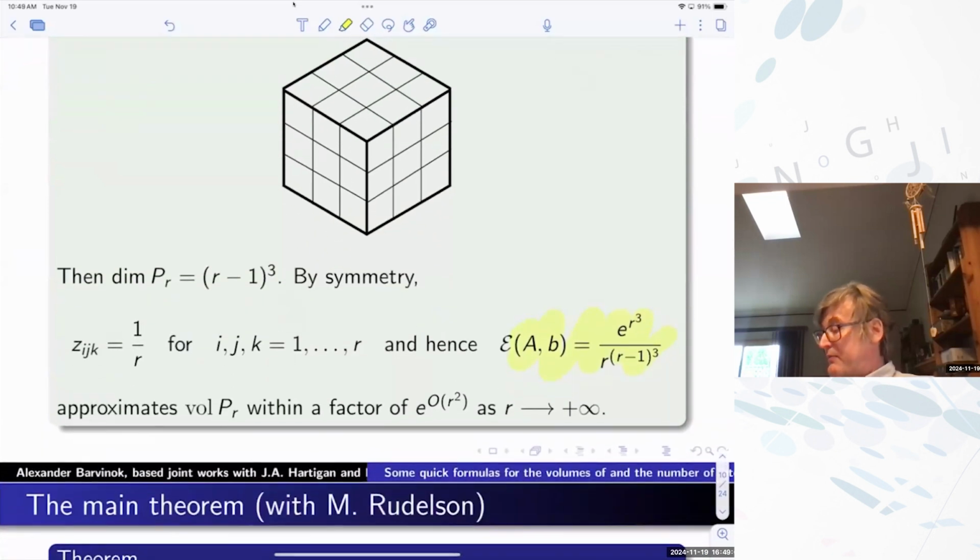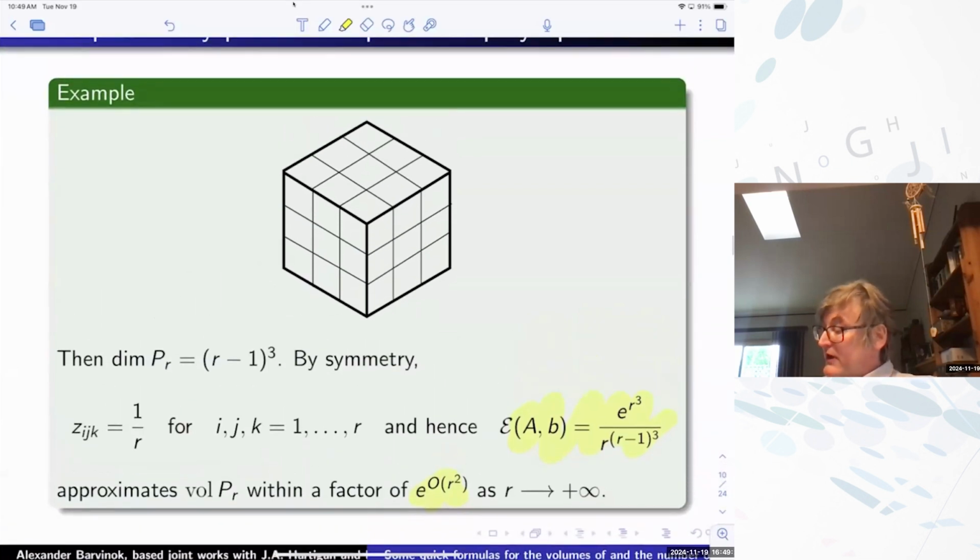What we know is that it approximates within a factor exponential in codimension, so within a factor e to the roughly R squared. So if we compare, we see that in logarithmic order, the error is certainly smaller than the true answer, than the estimate, so it's meaningful. And in fact, I believe that's the best that's known for this polytope. So we don't know an exact asymptotic, and we don't know anything more exact than that, right?